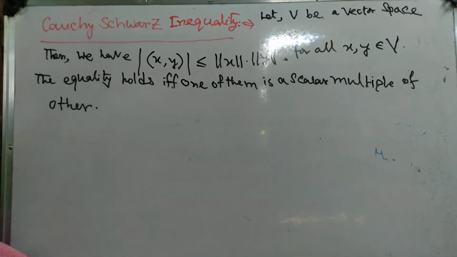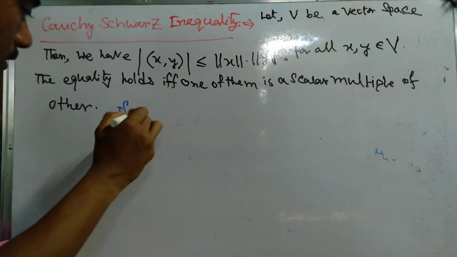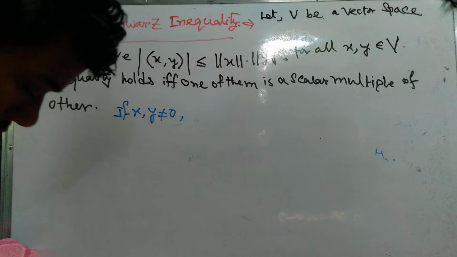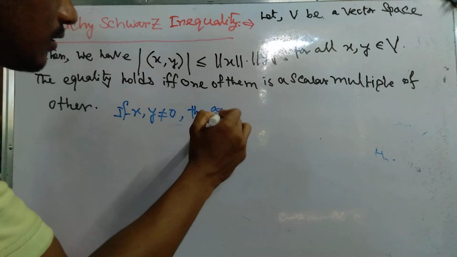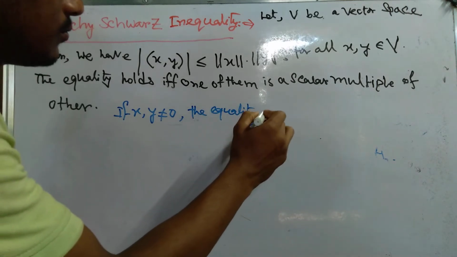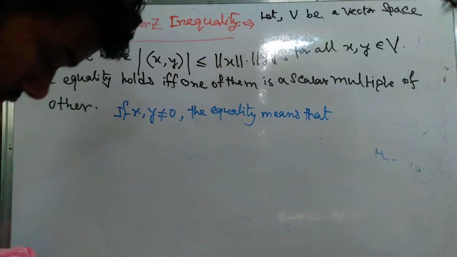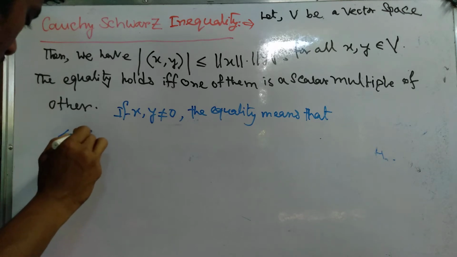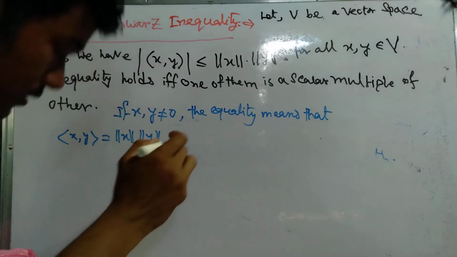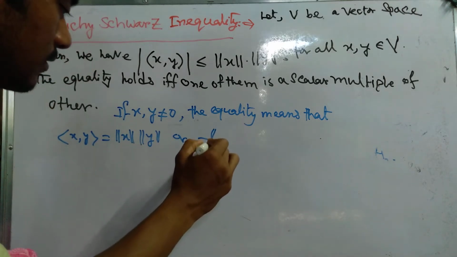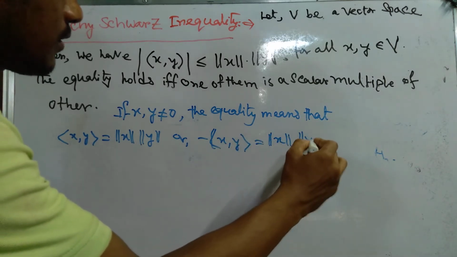If equality holds, that means if x and y are non-zero, then equality means that the inner product of x and y equals norm x times norm y, in one case, and in the other case minus the inner product of x and y equals norm x times norm y.